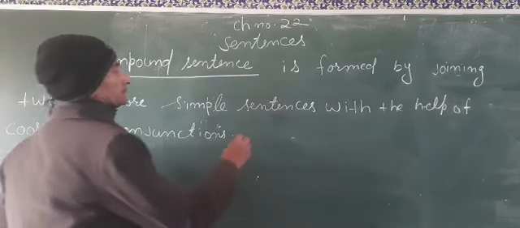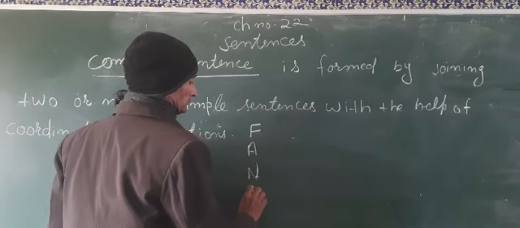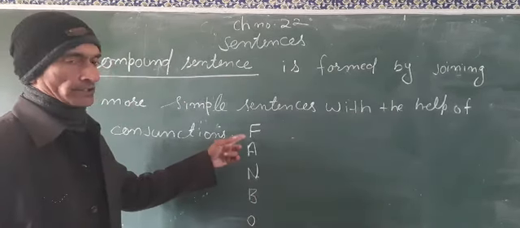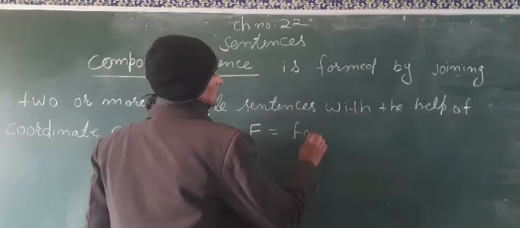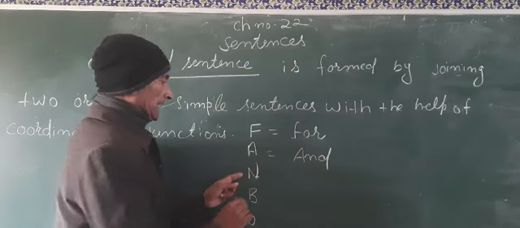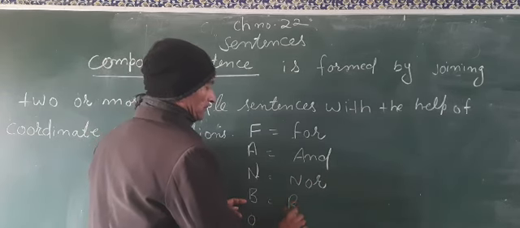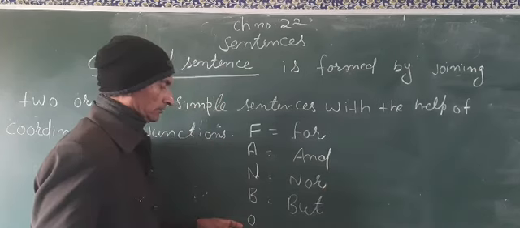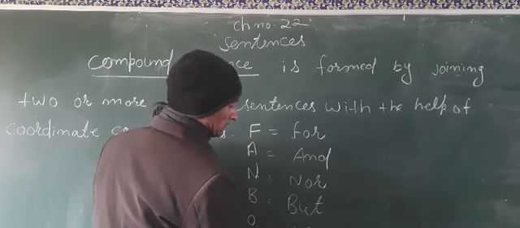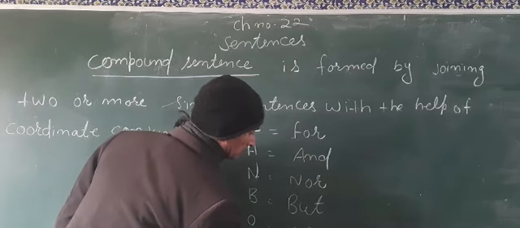Let me tell you, coordinate conjunctions come in a group: F stands for for, A stands for and, N stands for nor, B stands for but, O stands for or, Y stands for yet, S stands for so.